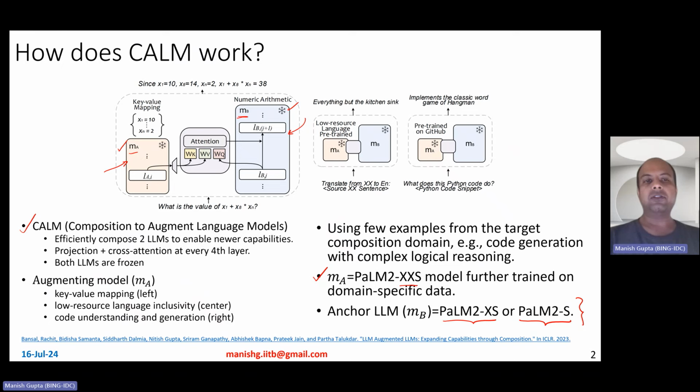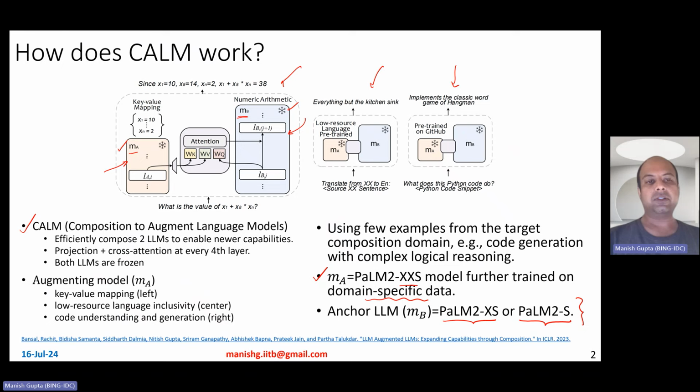Okay. So also MA is specifically trained on domain-specific data. For example, three tasks are shown in this picture: task one, task two, and task three. Let me talk about them one by one. In all of them, the same MB is used, while all of them contain a different MA, the augmenting large language model.